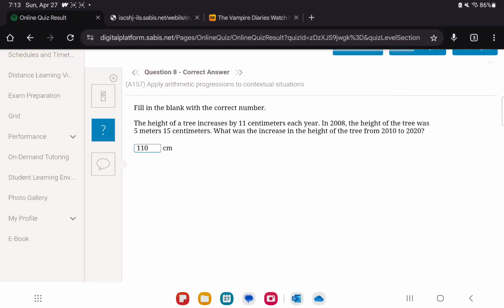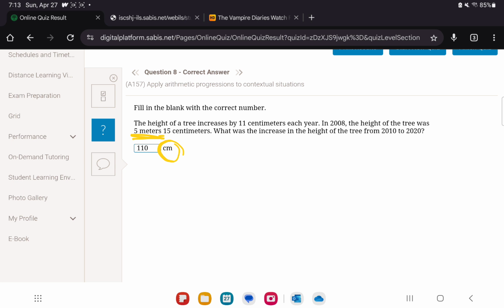Question number 8. Okay, here is, I don't think we ever studied this, but it's common knowledge, I think so. So first thing, they want the answer in centimeters. And here it's 5 meters, point like 15 centimeters. So we want to convert this meters into centimeters first thing before we do anything else.